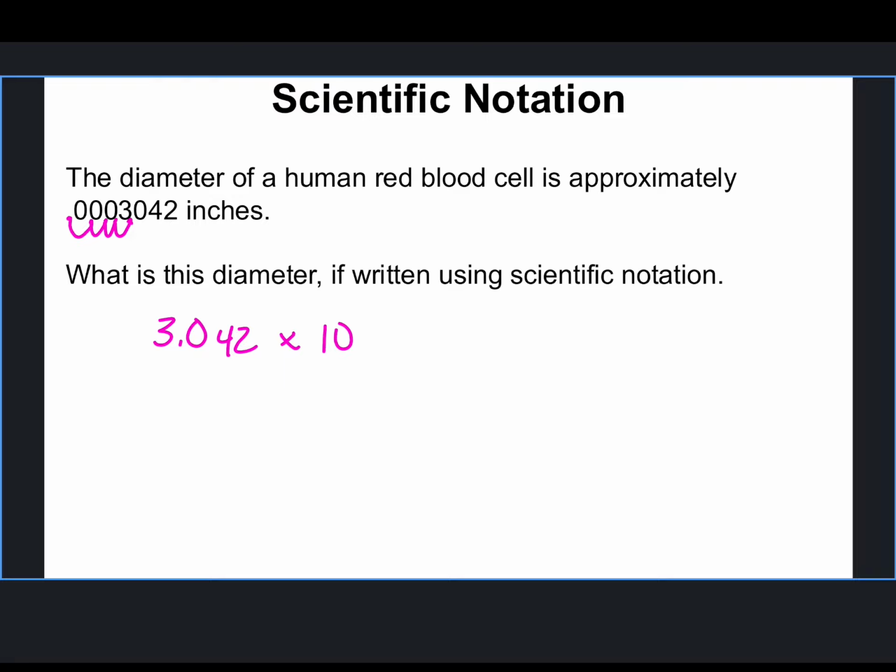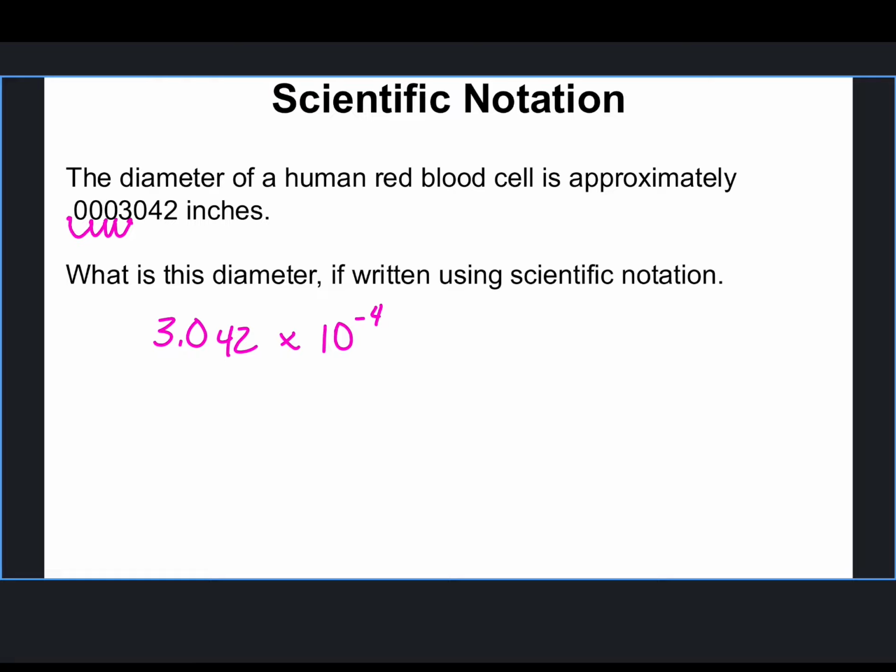To the negative 4th power. So when we're moving the decimal to the right, it's going to be negative because it's a really small number. I try not to remember right and left. I try to remember, is it a small number or a big number? If it's a big number, it's going to be a positive exponent. If it's a really small number like this, it's going to be a negative exponent.